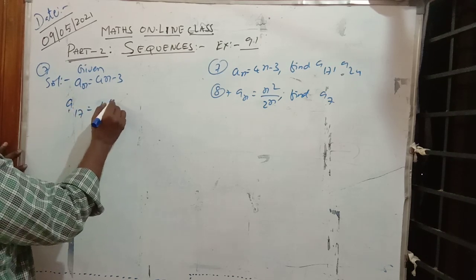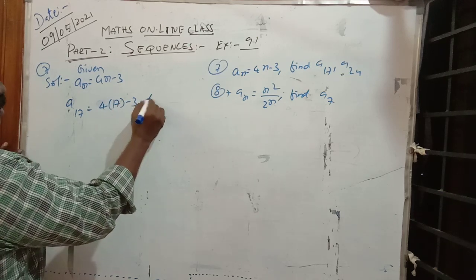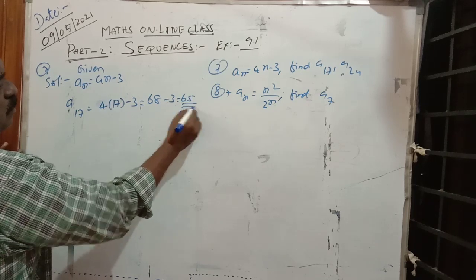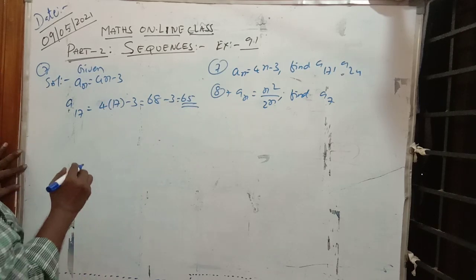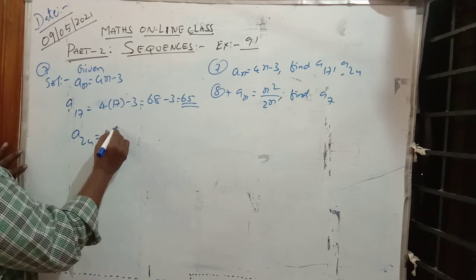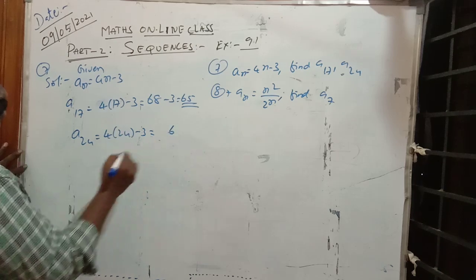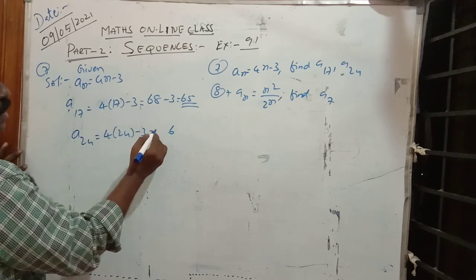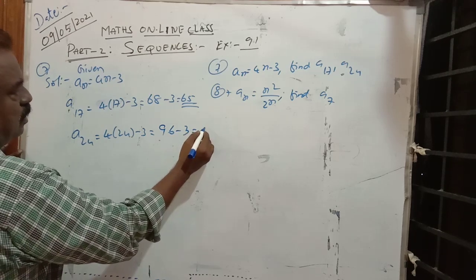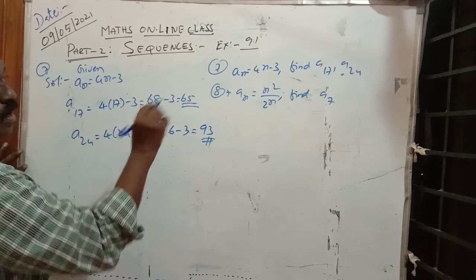It is 4 into 17 minus 3. 17 4s are 68, minus 3, that is 65. Again, A24: 4 into 24 minus 3. 4 4s 16, 4 2s 8, so 96 minus 3. It is 93.